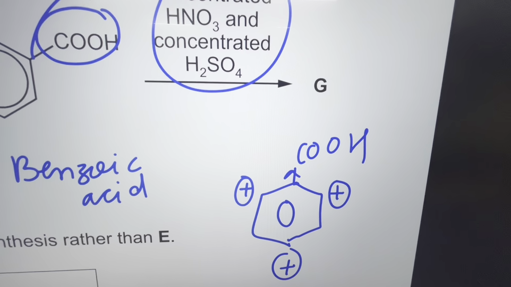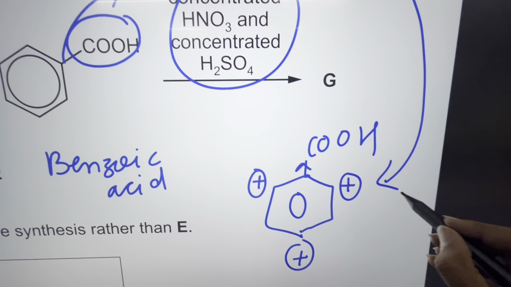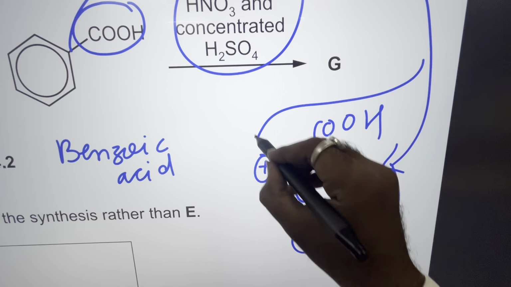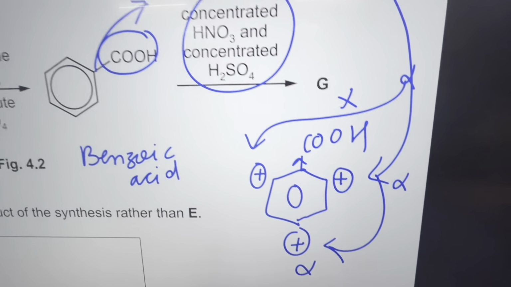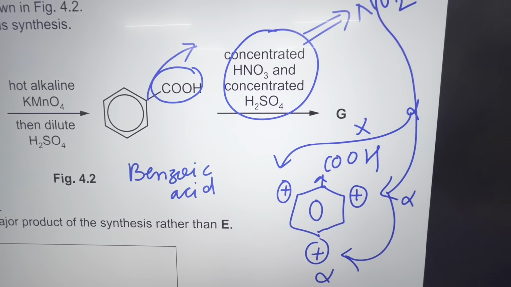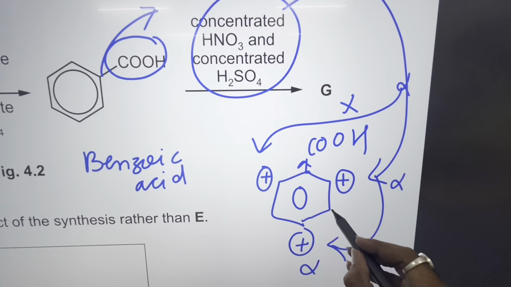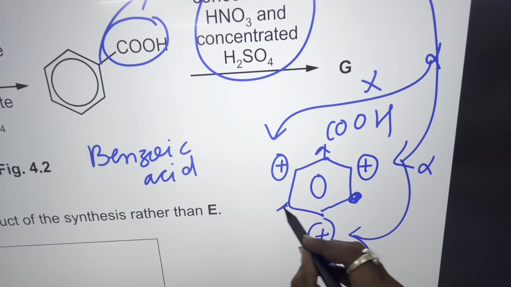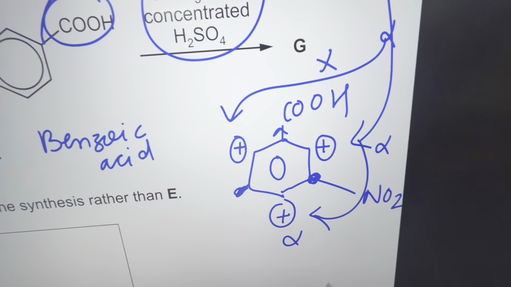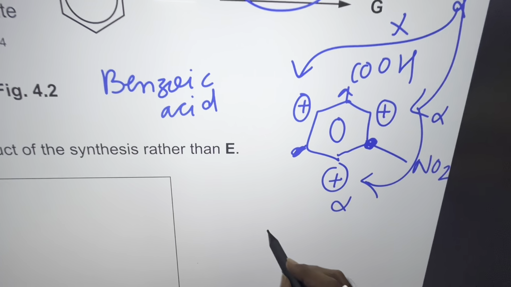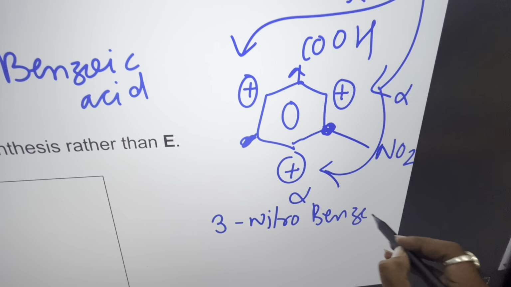But we are generating this nitronium ion, which is also electron deficient. So this nitronium ion cannot go to the ortho and para positions, which are already electron deficient. So the electrophilic substitution will take place at the meta position. At either of these two sides your NO2 will be attached, and you can write this as m-nitro or 3-nitro benzoic acid.